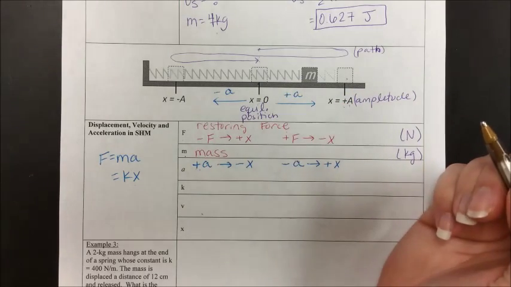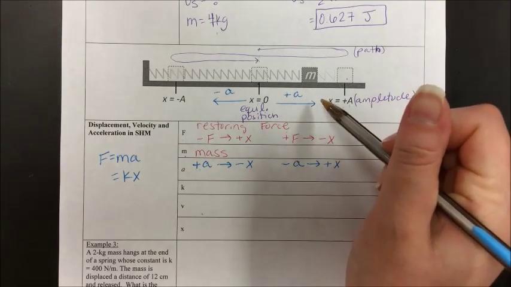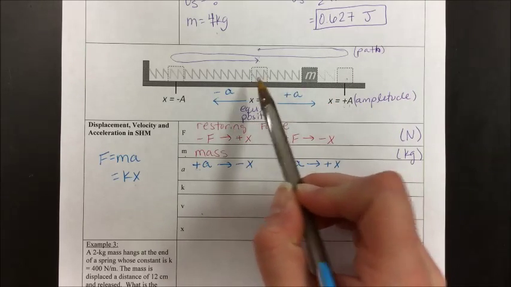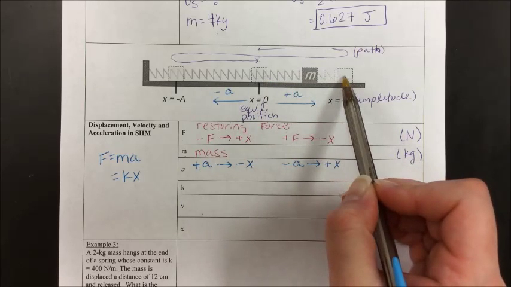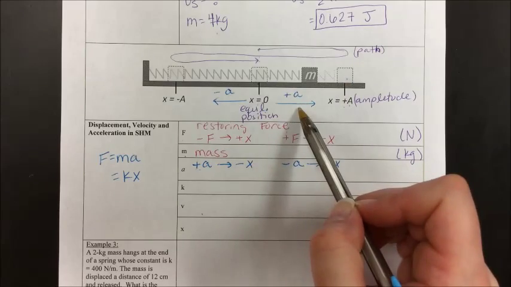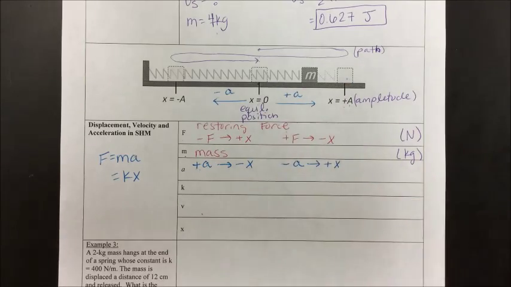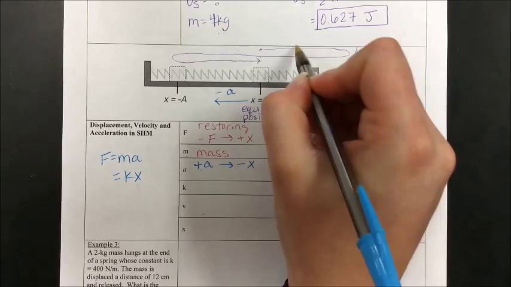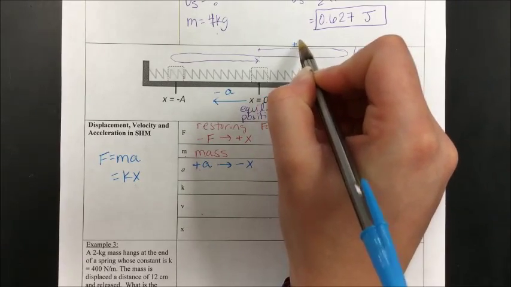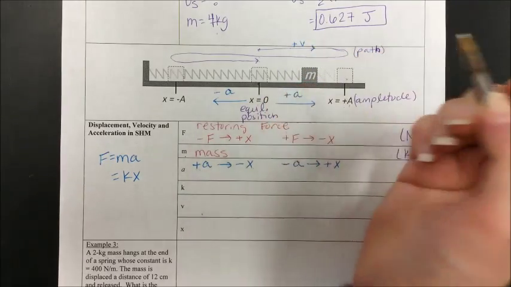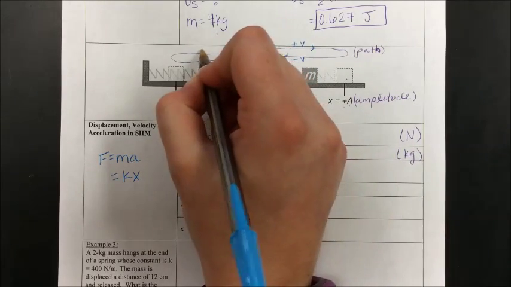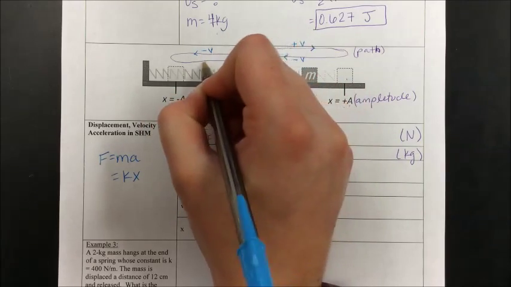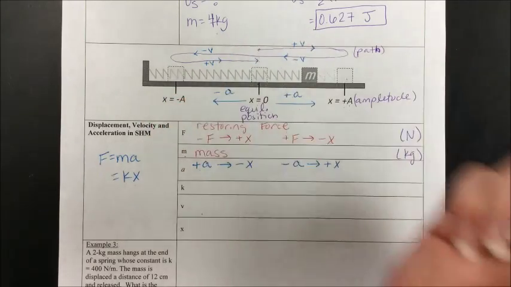This is going to be positive acceleration, just as far as our directions, positive and negatives go. So as the block is moving to the right, it's going to be slowing down. We have to look at our path. During this first path, we're going to have positive velocity because it's traveling to the right. Over here we have negative velocity because it's to the left, as well as here. And then we have positive velocity again over here.